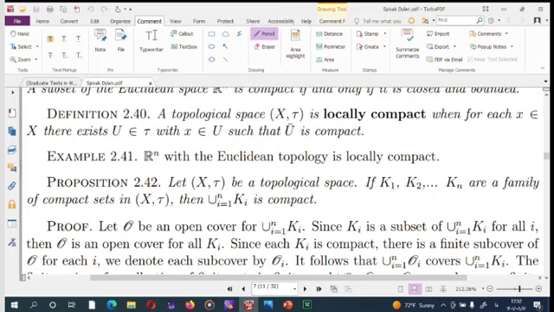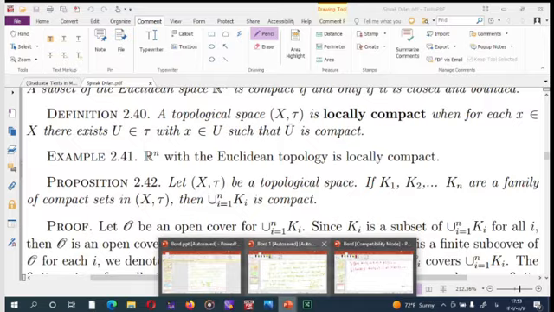There exists an open set that contains x and the closure of U is compact. For example, Euclidean topology is always locally compact, okay?